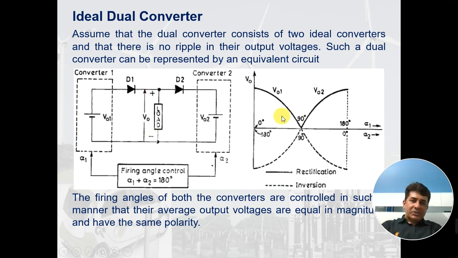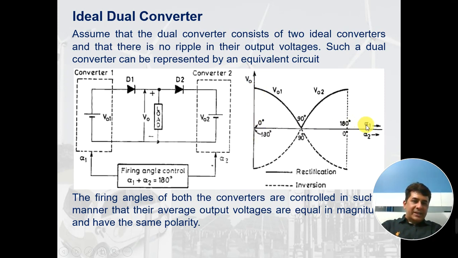Now let's see what happens for the duration of firing angle. Alpha 1 is the firing angle for converter 1 and alpha 2 is the firing angle for converter 2. Let us say converter 1 is operated at 0 degree. Then its voltage is V01.